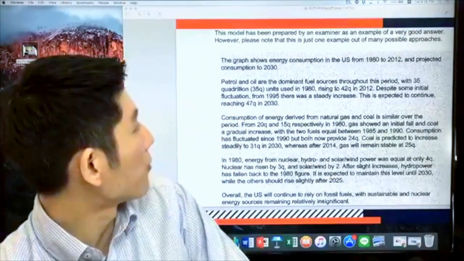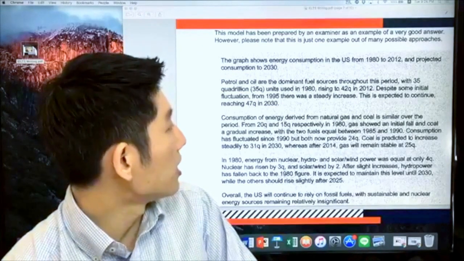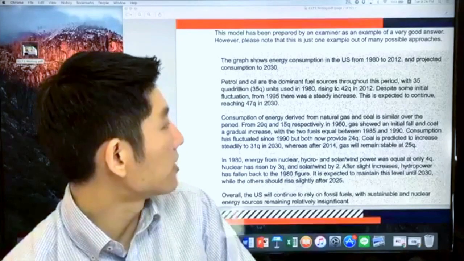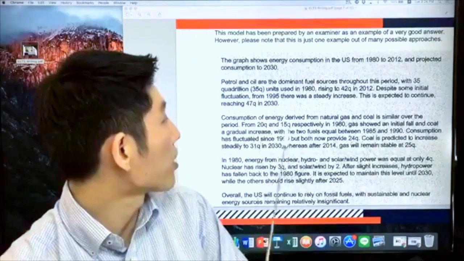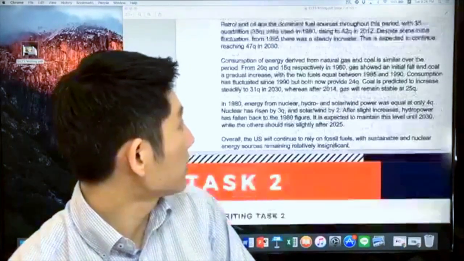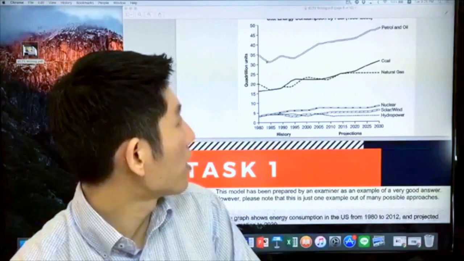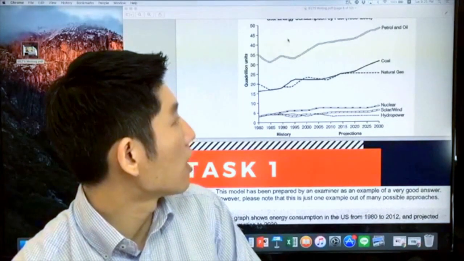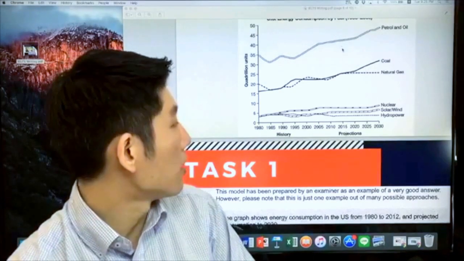Despite some initial fluctuation, from 1995 there was a steady increase. Excellent. This is expected to continue reaching 47 quadrillion in 2030. So excellent. Good. So we see he summarized the graph perfectly. He tells me that there is some fluctuation here, but it will continue to increase.